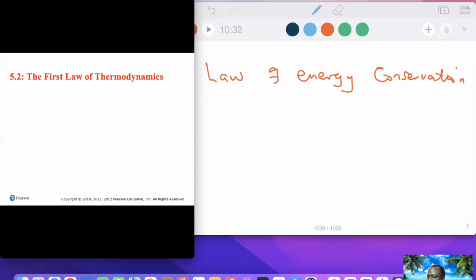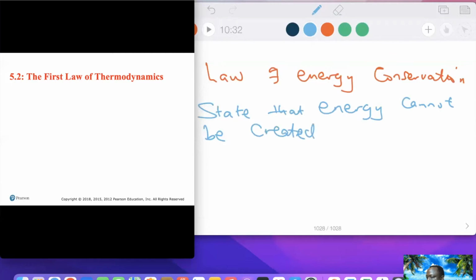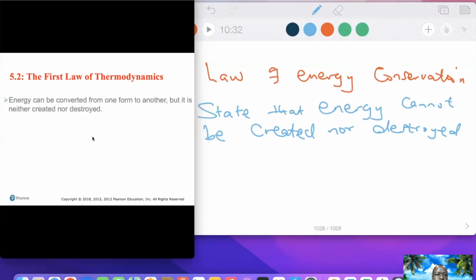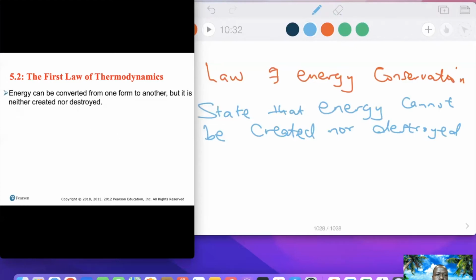And it states that energy cannot be created nor destroyed. You'll never destroy and you'll never create energy, but you can transform it from one form to the other form.